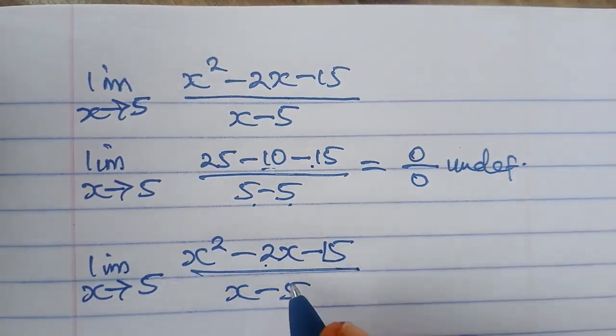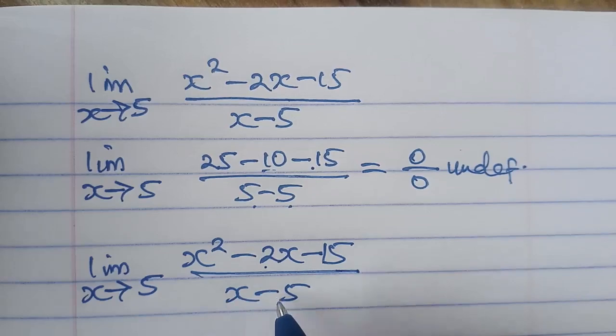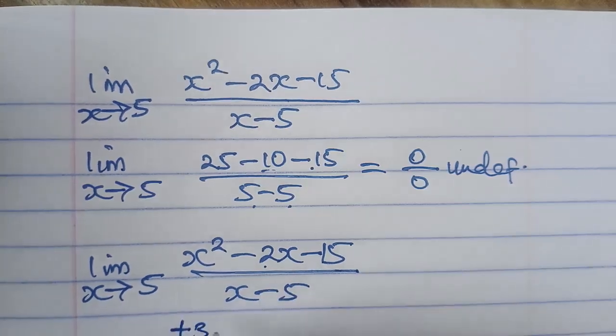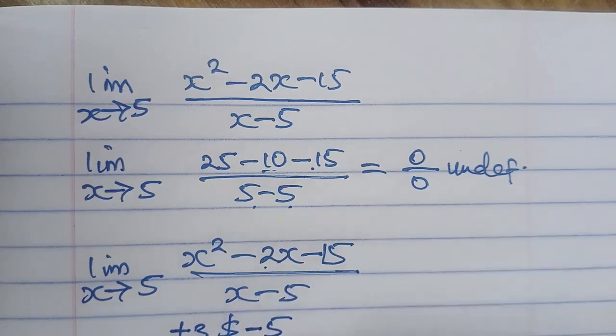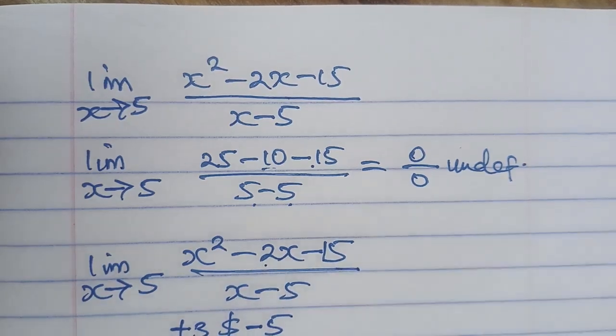The denominator will always give us a clue, which means one of them will have to be negative 5. So, what will I add to negative 5 to give me negative 2? That number is 3. So, I have plus 3 and minus 5. Minus 5 plus 3 will give me minus 2. 3 times negative 5 will give me negative 15.